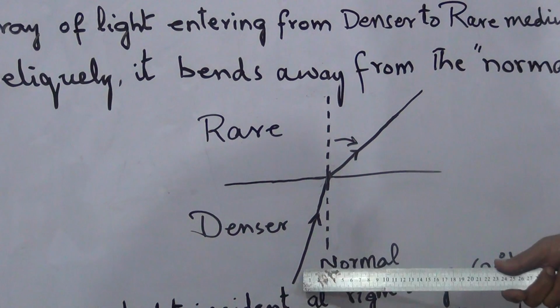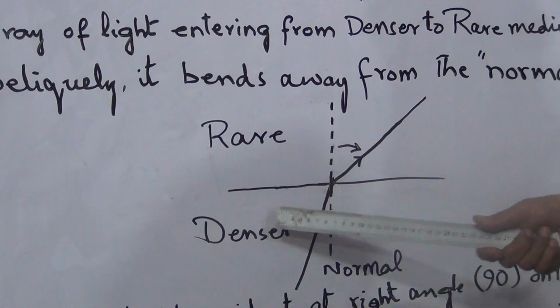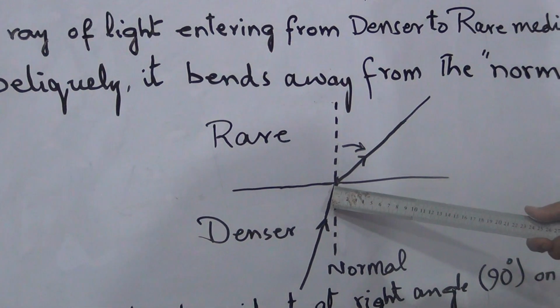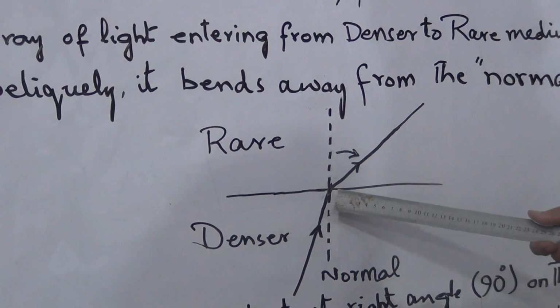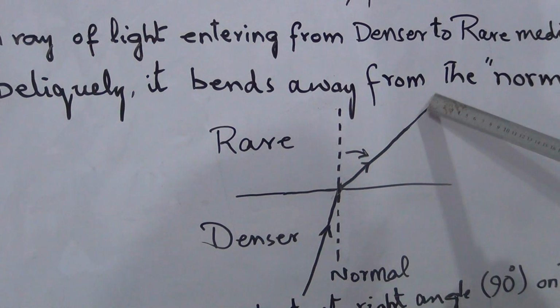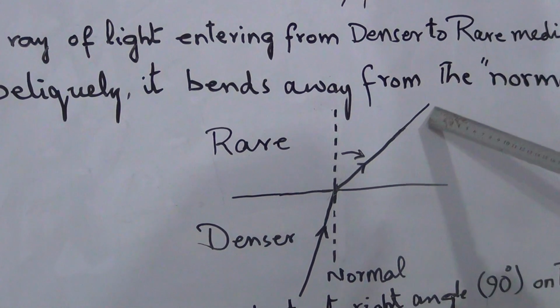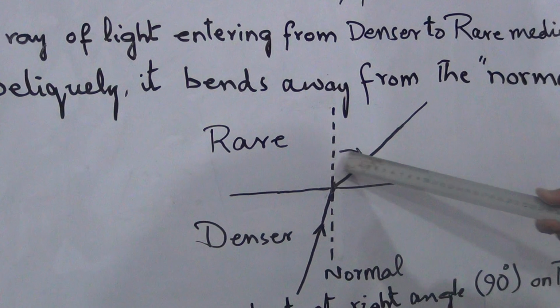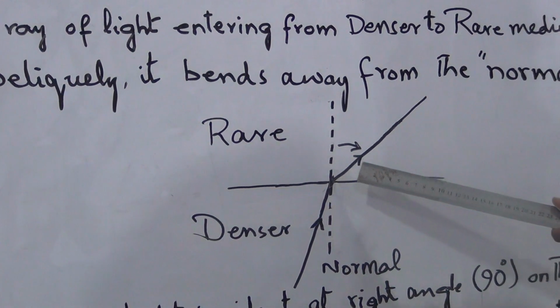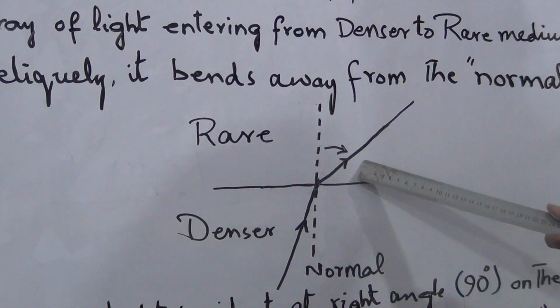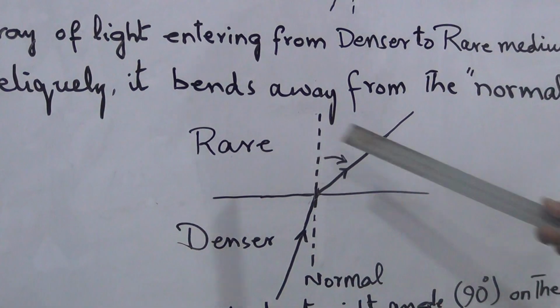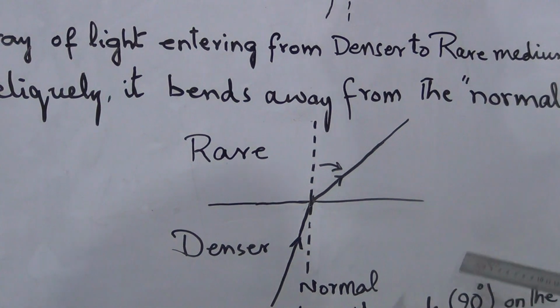A ray of light coming from the denser medium strikes the surface obliquely, and when it is refracted, meaning it enters the other medium, it bends away from the normal. Look, this is the normal and the ray is away from the normal. So this is the second characteristic. You have to learn it.